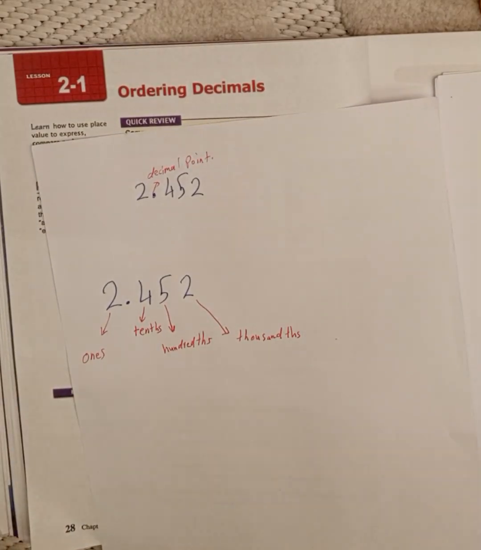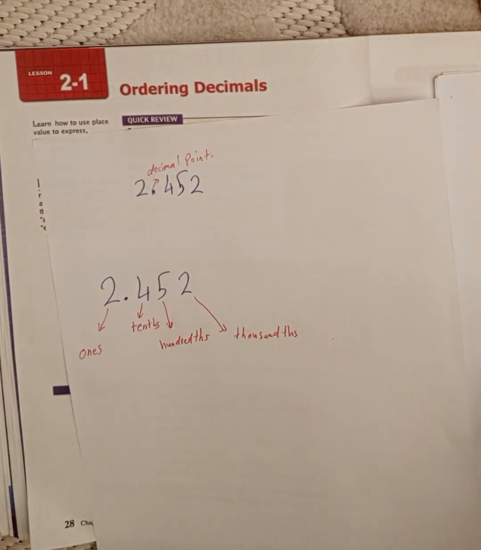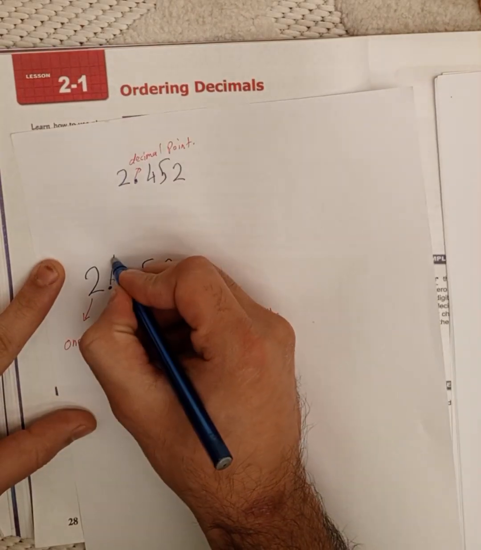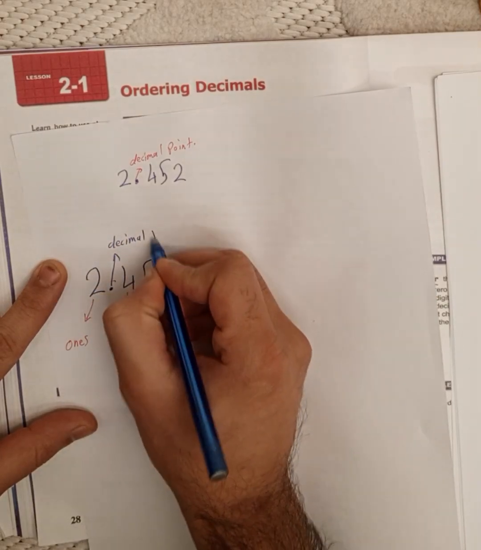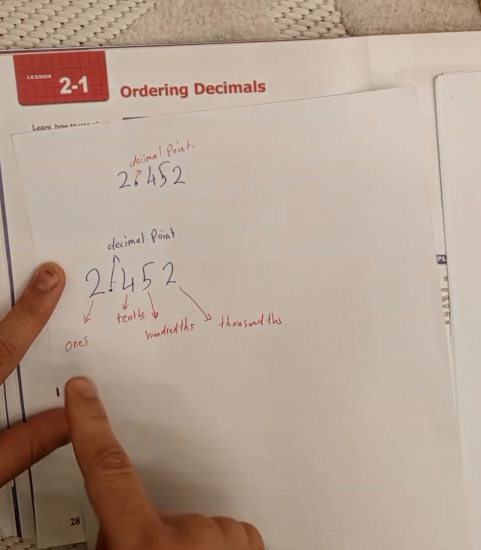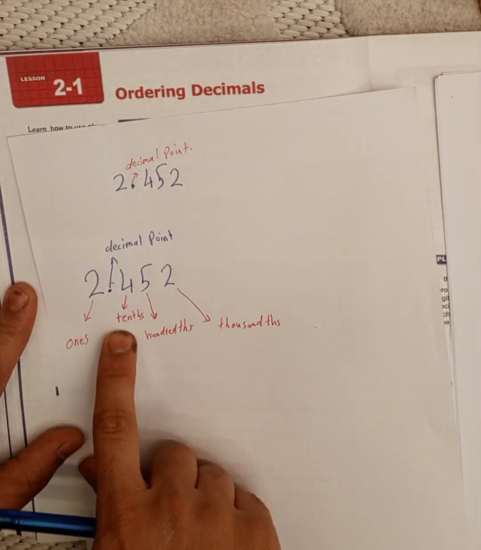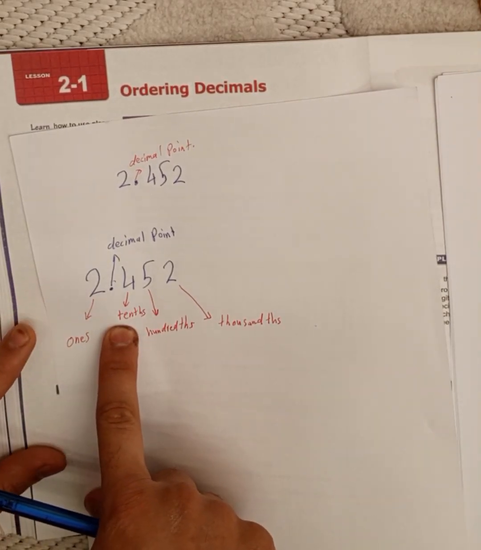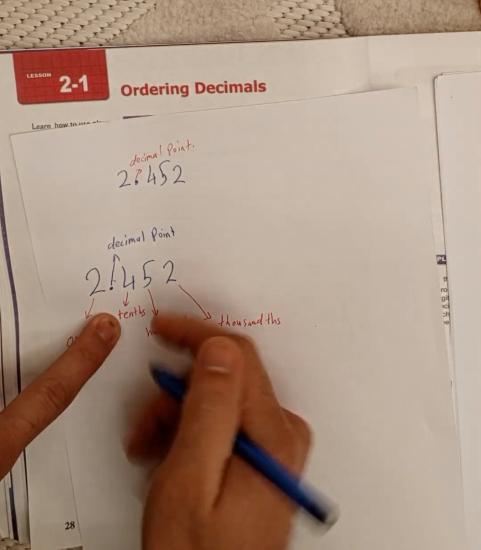So the first digit before the decimal point is called ones. The first digit after the decimal point is called tenths.